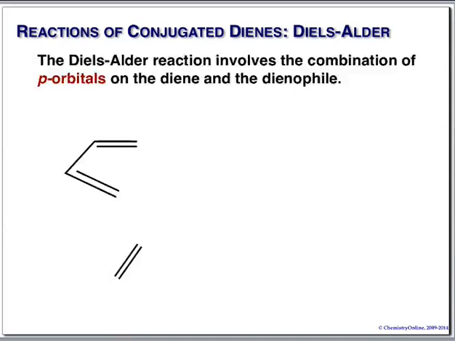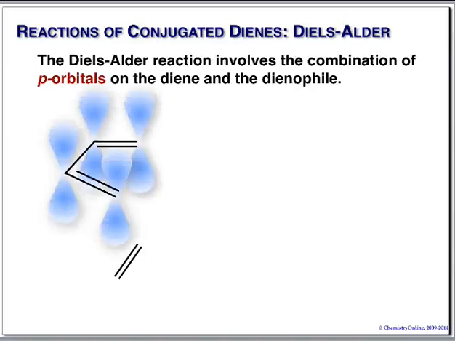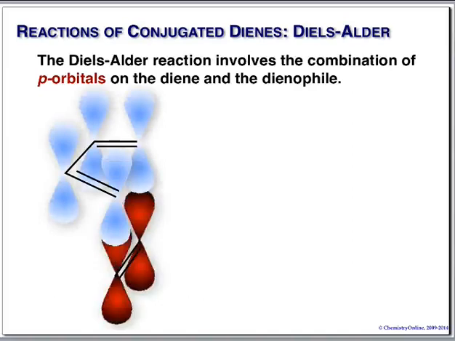Now these are all double bonds, so they have p orbitals for their pi system, don't they? For the diene, our p orbitals would look like this. We're going to react this with our dienophile. Now it also has p orbitals, and we'll draw them in like this.